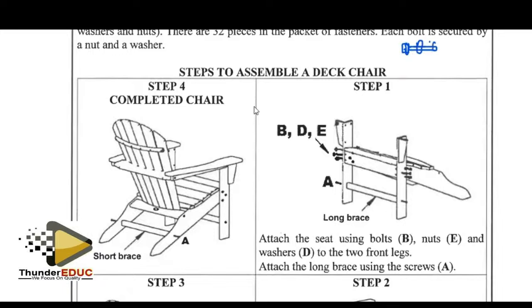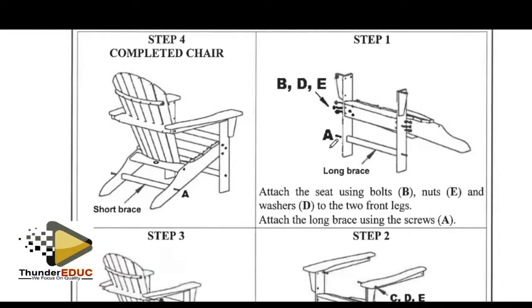Then at the end, you put the nut together. So one bolt, this is a full set now. One bolt should have one washer and a nut. All right, for screws, you know the screws, you just screw and it fastens the wood. Straightforward. All right, here we go.